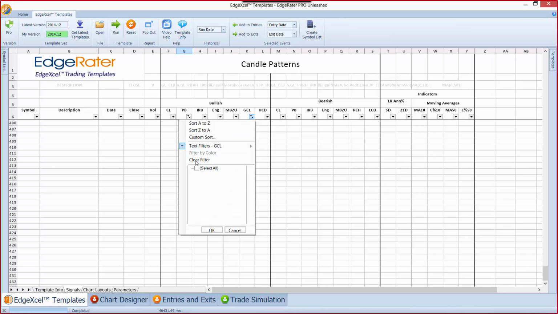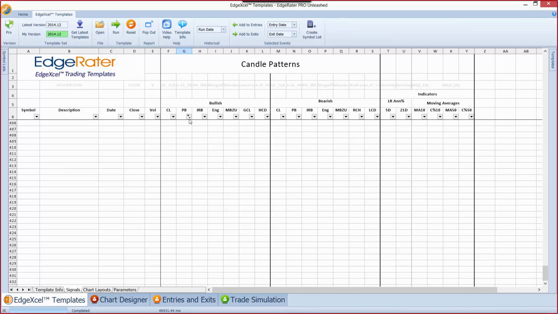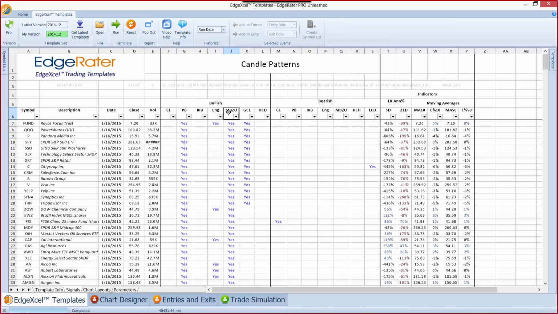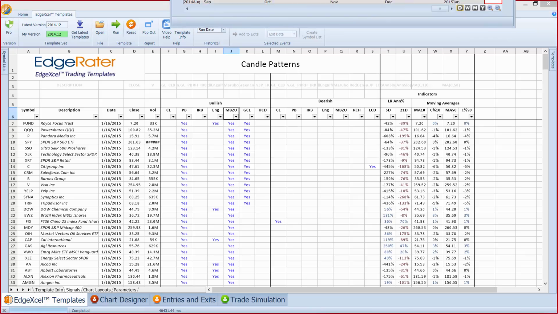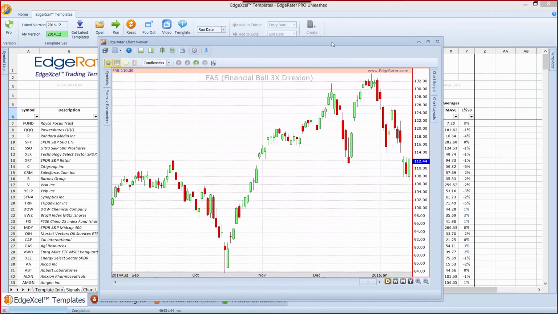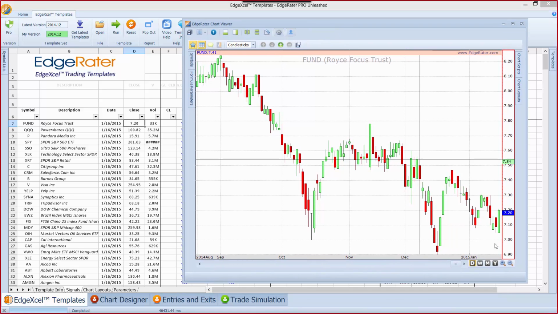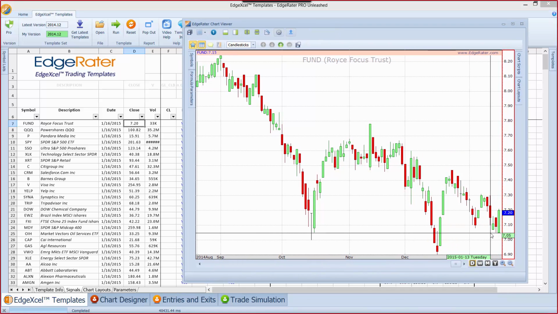And we can see that if we take off the filters of this, and clear that filter too. And then if I sort by marubozus, we'll show you what a marubozu looks like on the chart. So it's pretty much the open is the low and the close is very close to the high.